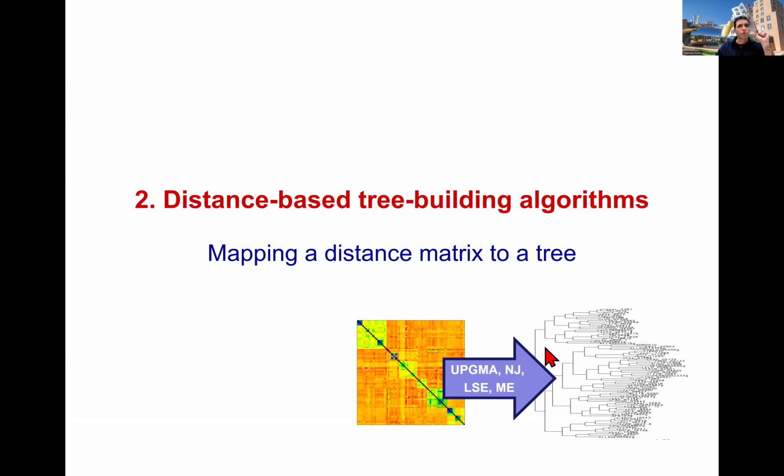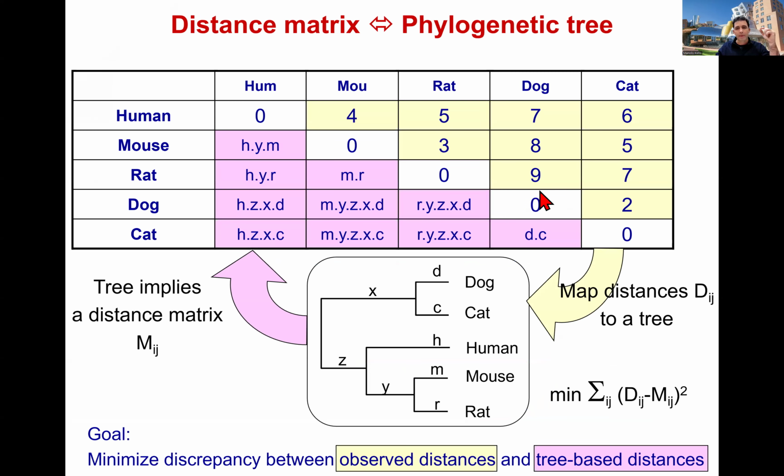So to be able to infer a tree that matches, quote unquote, my matrix of distances simply means that I will be able to compute any pairwise distance by just walking up and down the tree. Try to figure out the distance between human and cat. It's this branch plus this branch plus that branch plus that branch.